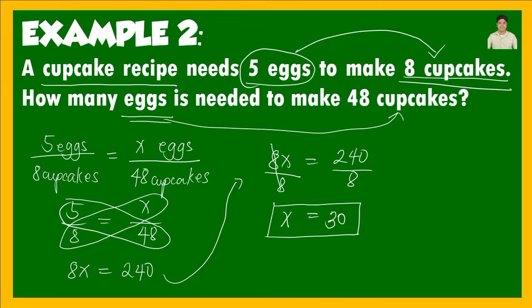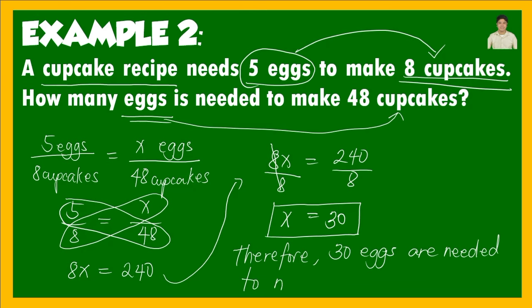So, ano ba yung 30 na yan? Ito po yung bilang ng eggs na kailangan para makagawa ng 48 cupcakes. So, pwede nating isulat, therefore, 30 eggs are needed to make 48 cupcakes.